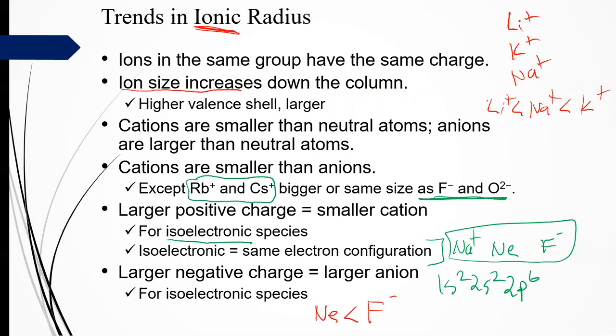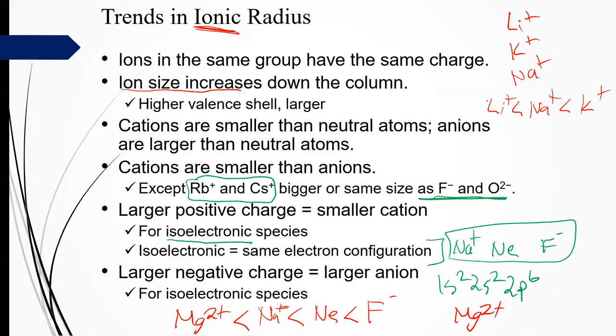And we know sodium has to be smaller than neon. So it's got to be the next one down. When we add in something like magnesium 2+, magnesium 2+ is even going to be smaller than that because it still has that same electron configuration, but now it's got another proton compared to that of sodium.